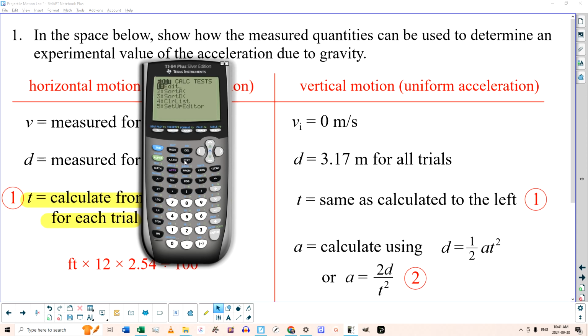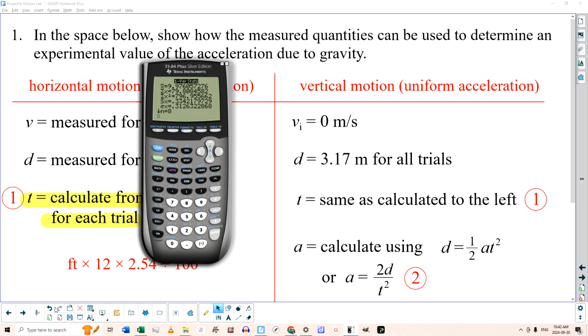Just as a bonus, you go stat, go over to the right to the calculate key, and you're going to do a 1 variable statistical analysis, but you need to tell it which list. And it's list 5. We want to average the data in list 5. Don't worry about the frequency of the list, just leave that blank and then calculate.